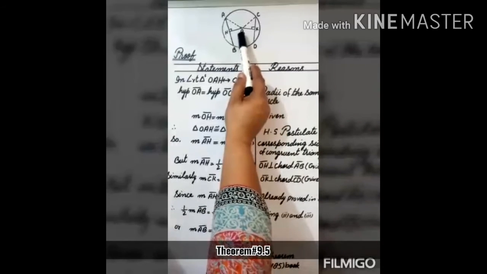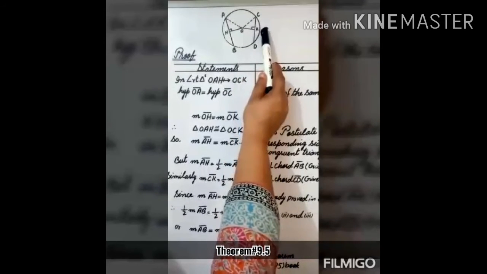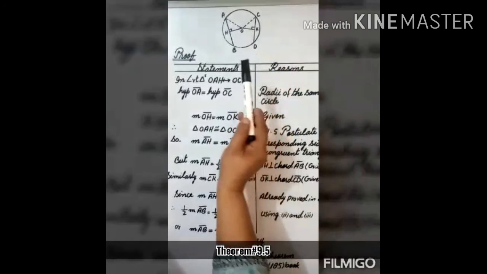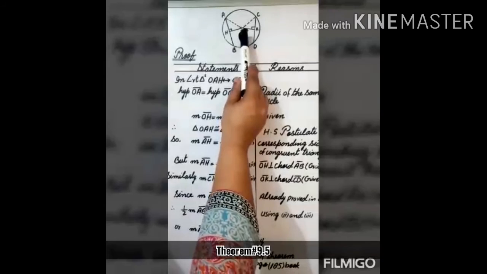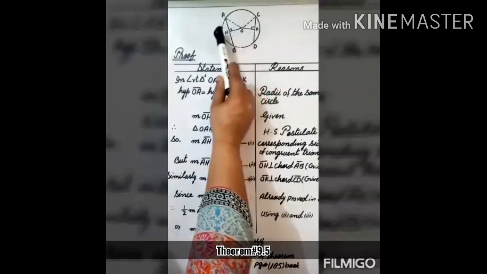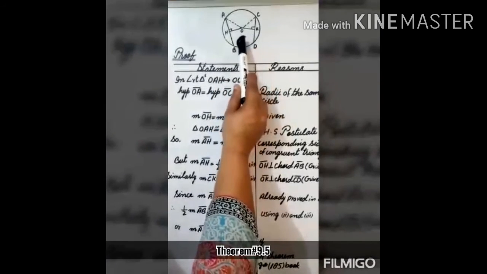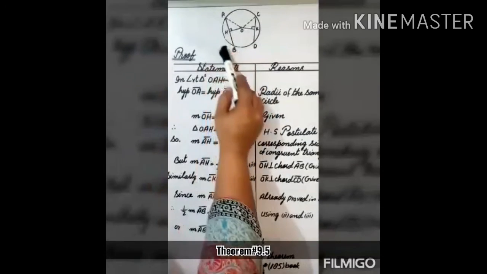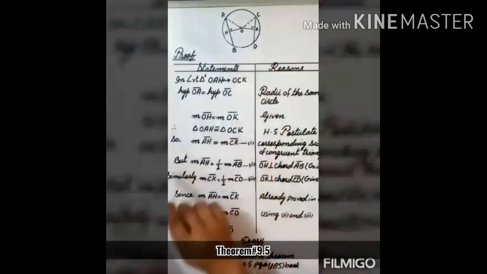Obviously, OK divides the chord CD into two equal parts, then we can say that OK is perpendicular to CD. Students, here I want to tell you one thing. When you draw a line from the center to a chord of the circle, then it always makes an angle of 90 degrees. That's why OH is perpendicular to AB and OK is perpendicular to CD.